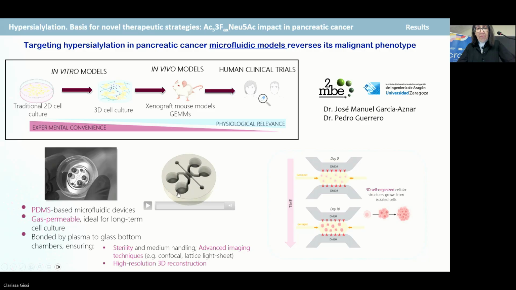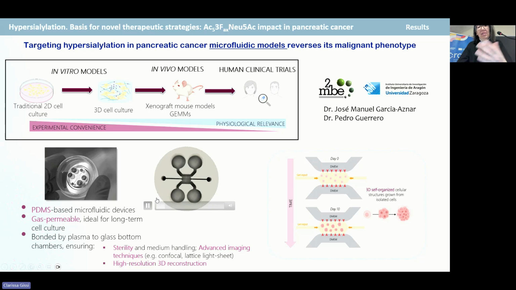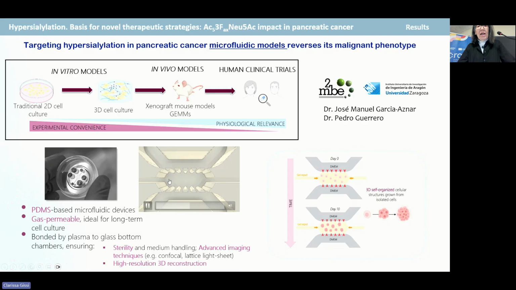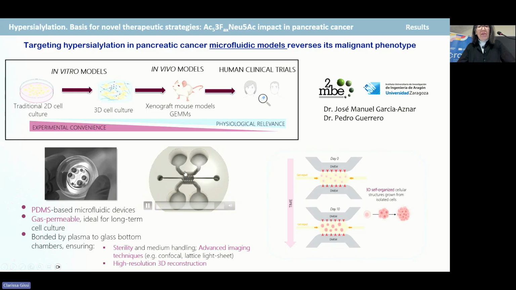In these round places is where they put the media, and cells are grown here for 10 to 12 days, and they can grow as spheroids, as 3D organized cellular structures. Here is where they set the cells, and it's very, very small, but you can follow what happens in this compartment, and this compartment has connections with the reservoirs where there is the media for the cells.